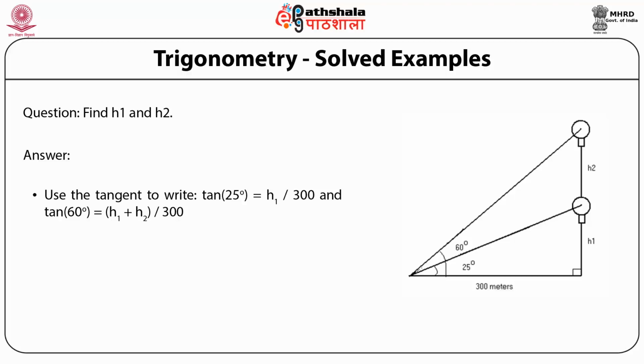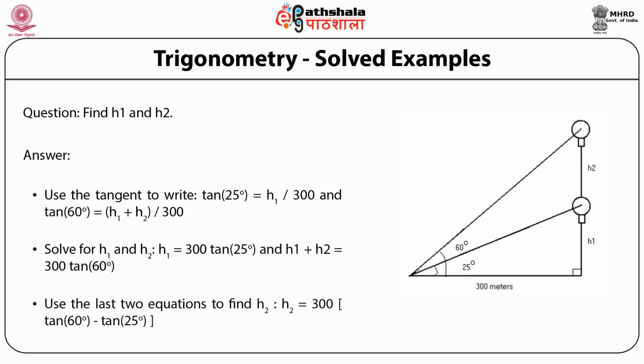Now if we form a right angle triangle, we can write tan 25 is h1 by 300, then we can write tan 60 is equal to h1 plus h2 divided by 300. Then when we solve these two equations, we can write h2 as 300 times tan 60 minus tan 25.